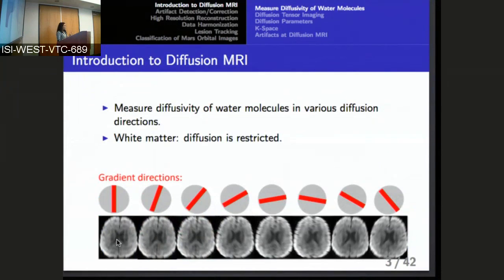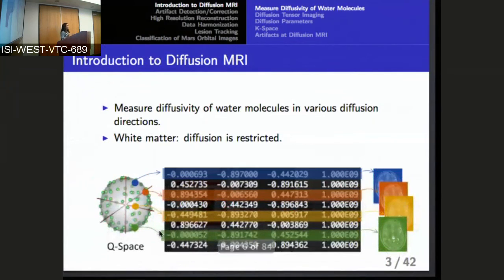Then the intensities in the image, for example for this top figure here, tell us the probability of water moving in the direction of this gradient at this voxel, and we measure this for another gradient direction, and so on. Of course, we can measure these parameters for any direction in 3D.